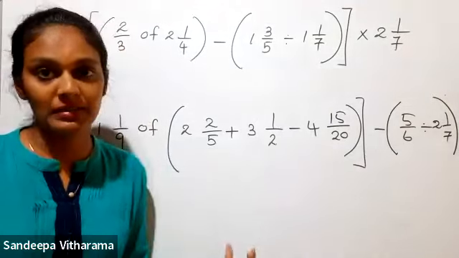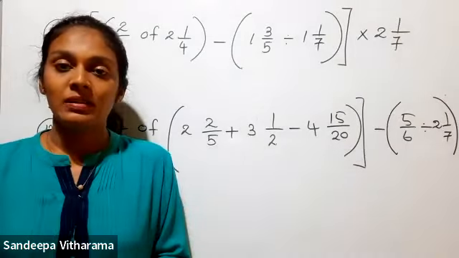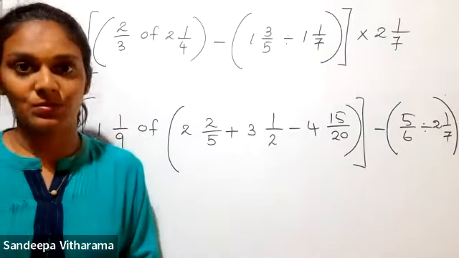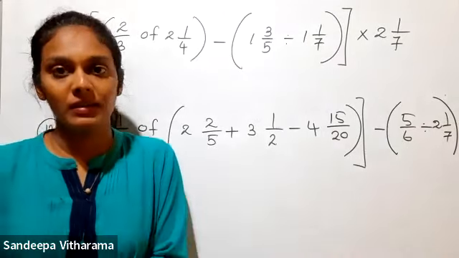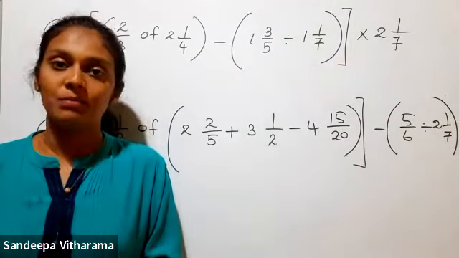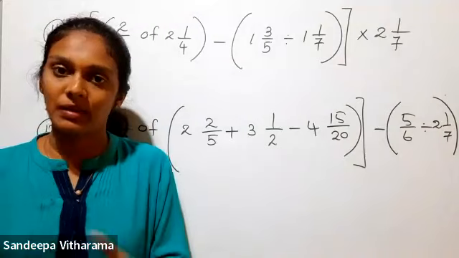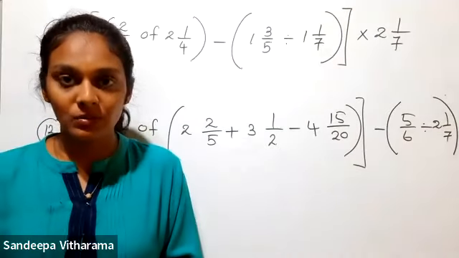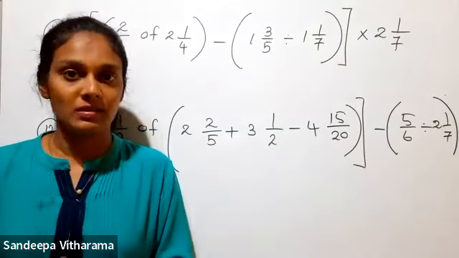Today I did how to apply the BODMAS rule. Okay, if you can find questions based on following the BODMAS rule, then you can solve them and check whether your answers are correct.